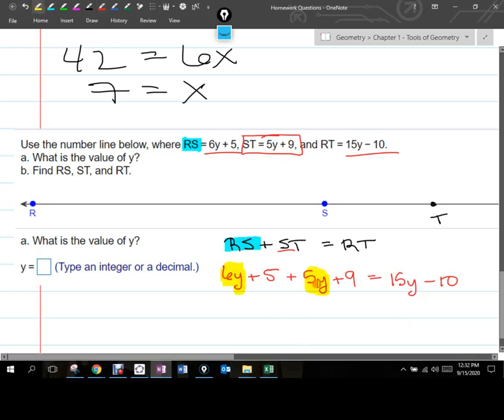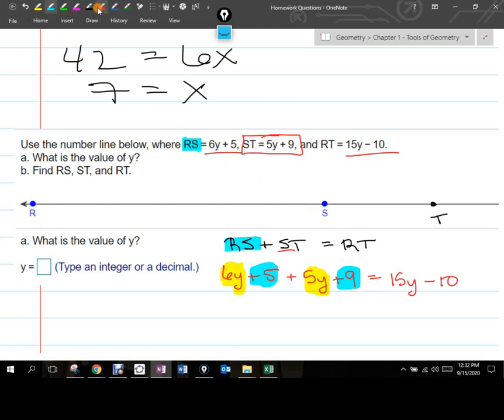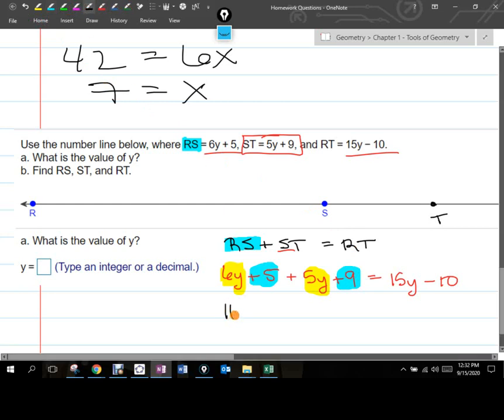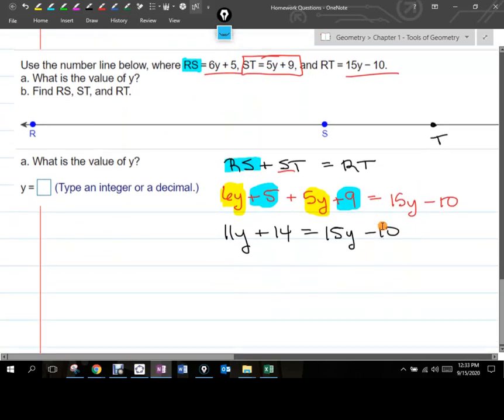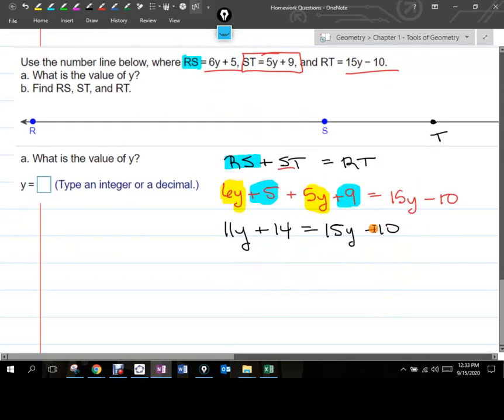Look at my like terms. So those are like terms. Those are like terms. So I'm going to have 11y's plus 14 equals 15y's minus 10. When I get down to equations like this, guys, when I have constants on both sides and variable terms on both sides, I'll move that over, and I'm going to also move that to the other side at the same time.